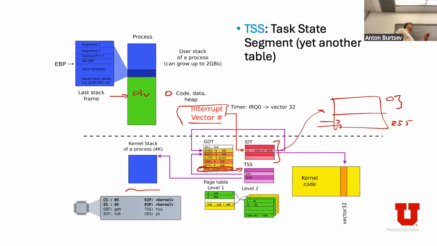A couple of things are also important here. The hardware follows a specific protocol, and it saves specific bits of information when it goes through this kind of transition. Do we remember what the hardware is saving?